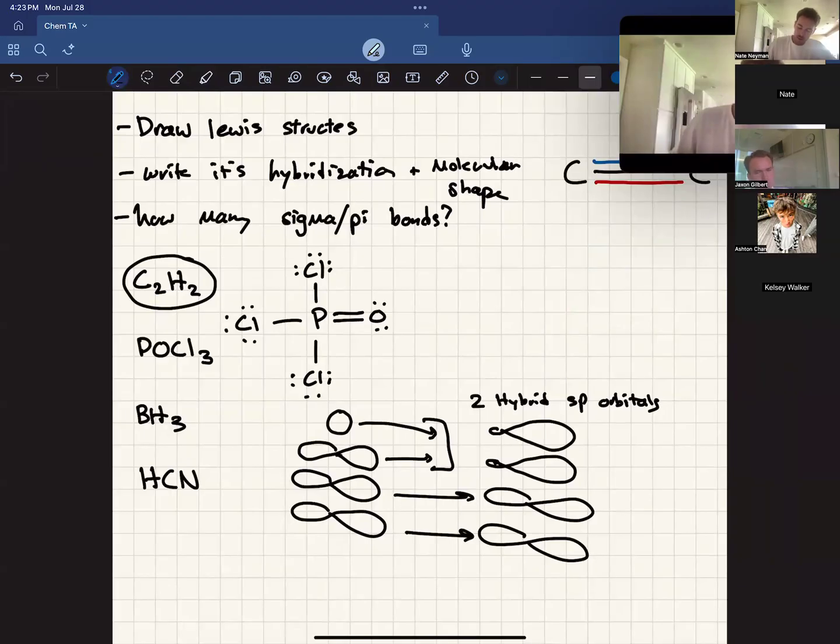Cool. So this one, it's hybridization. How many areas of electrons do we have? So bonds or lone pairs. We'd have this, this, this, and this. Okay, so four bond areas. This means that we need 4 hybrid orbitals in order to bond here.